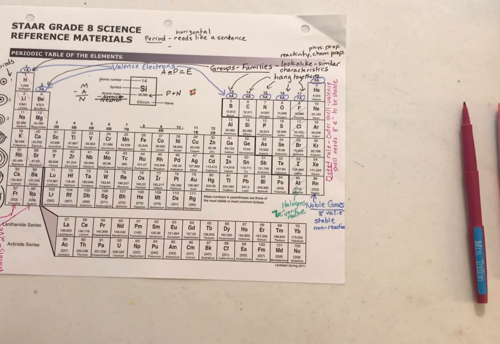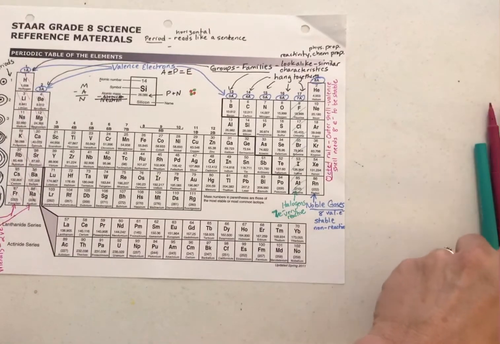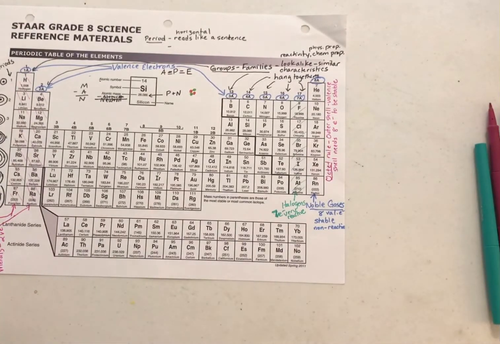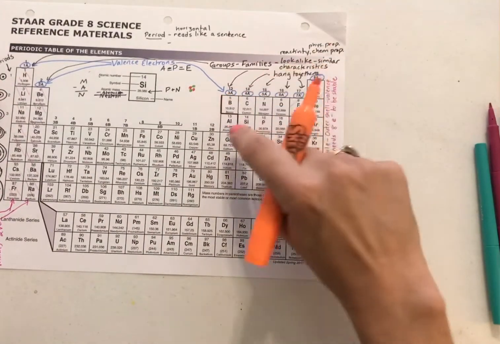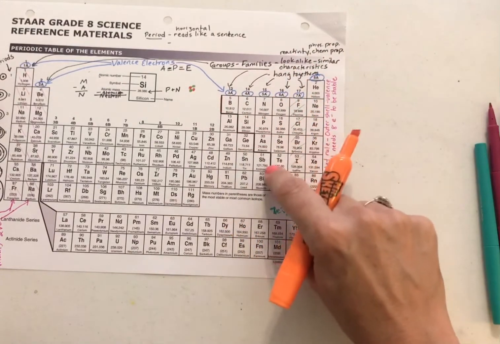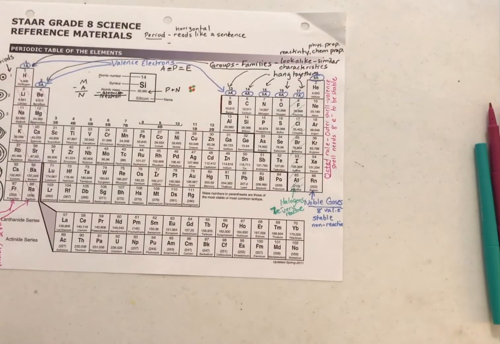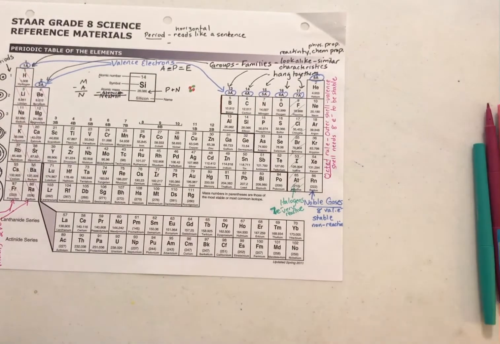So let's take a look now and see where are the metals and non-metals on our periodic table. So I'm going to use, if you have colored pencils, you can shade the whole thing. Otherwise, I'm going to outline mine. So I'd like you to notice this darkened line right here that sort of makes a stair step on the periodic table. So on either side of that line, you have what are called metalloids.